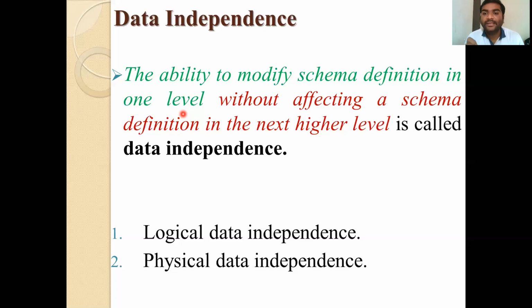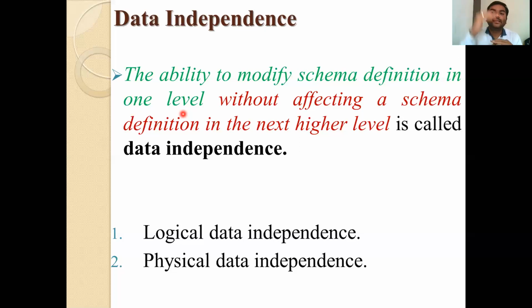That's why, if the database administrator is working at the physical or logical level, it does not affect the higher level. This is the definition of data independence: the ability to modify a schema definition at one level without affecting a schema definition at the next higher level. So if the database administrator is working at the logical level, which is the next higher level?